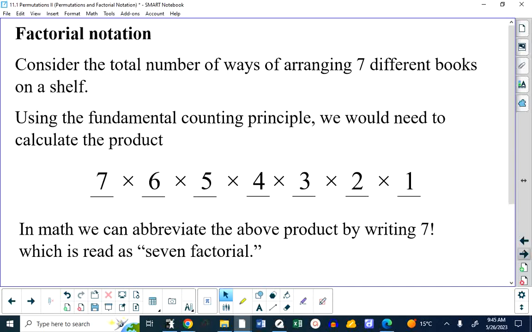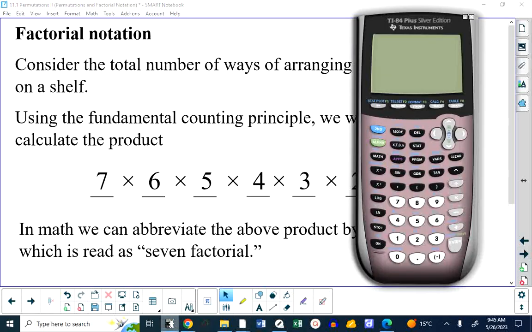And on your calculator, if you calculate 7 factorial for me right now, and I know that many of you have learned about the alpha menu. My alpha menu is different than your alpha menu, so I'm not even going to use it because some of the things are there and some of them are not on my calculator. I'm going to go to the traditional place of finding the factorial notation.